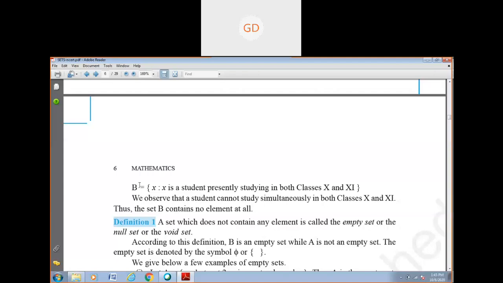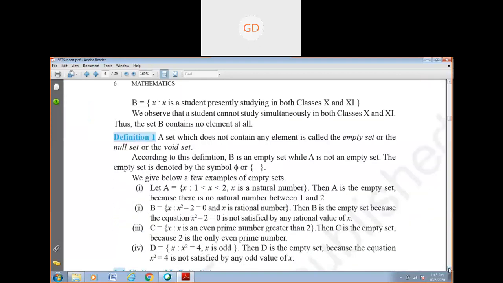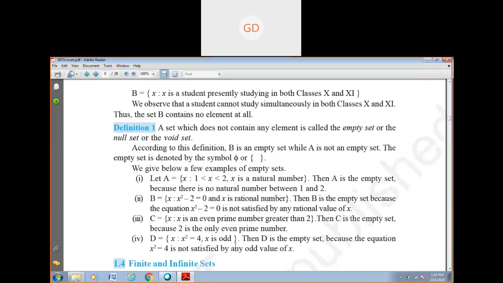Simply, a set having no element is called an empty set. So that is the simple definition of empty set, null set or void set. Okay. Next types will be finite sets and infinite sets.